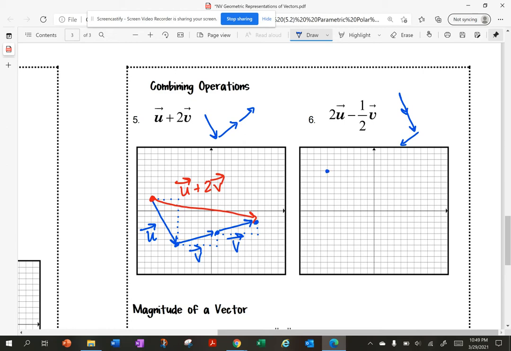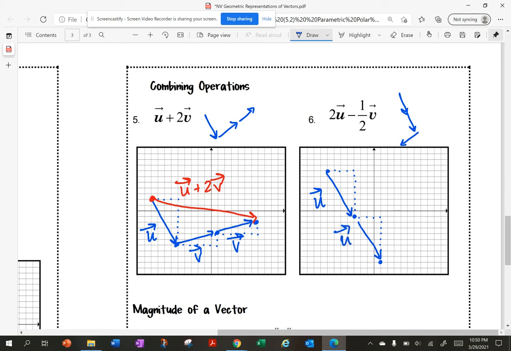So I'm going to start here, 4 to the right, 1, 2, 3, 4, and 8 down, 1, 2, 3, 4, 5, 6, 7, 8. So these are vector u, tip to tail.